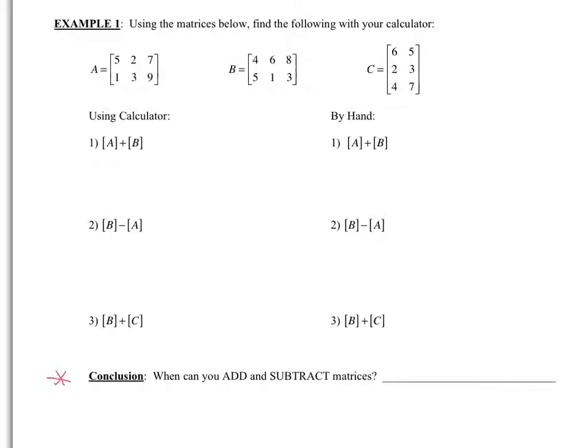In order to add and subtract matrices, the matrices must have the exact same dimensions. Okay, so we can do this when the matrices have the same dimensions. If they don't have the same dimensions, we can't add them.